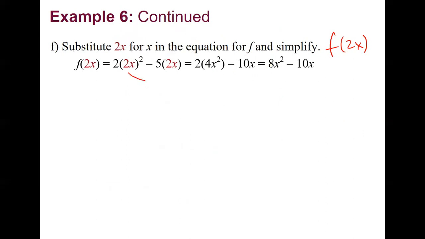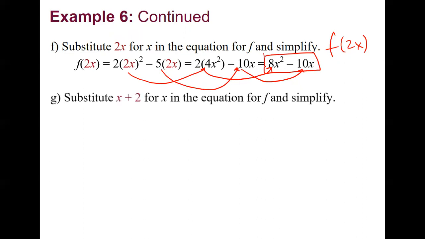So we went from here, and then 2 times 4 to here. Okay, now we have -5 times 2, and that gives us -10. Nothing else needs to change. So we end up with -10x. And that's where we stop. So good? All right. Then we will continue this tomorrow.